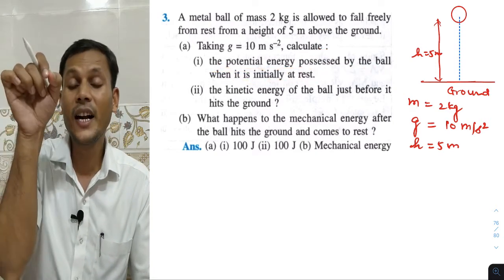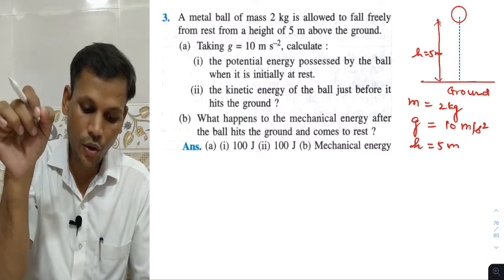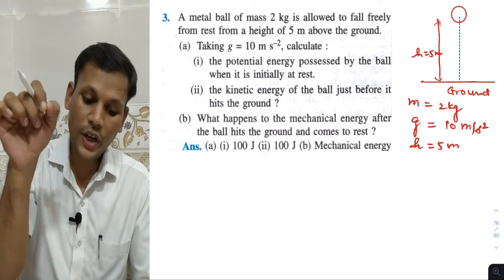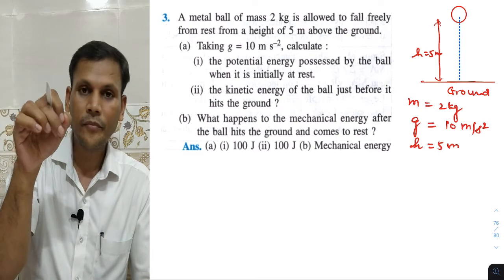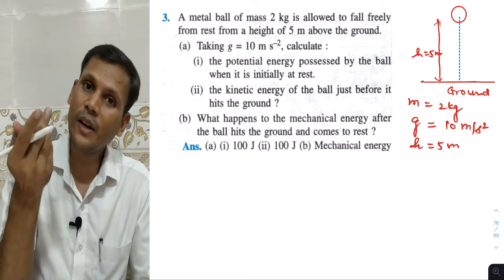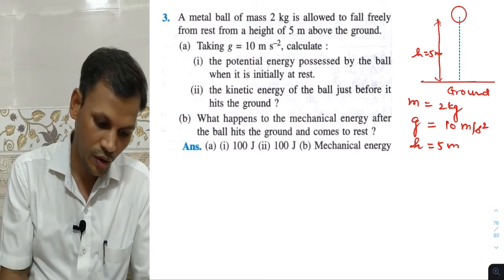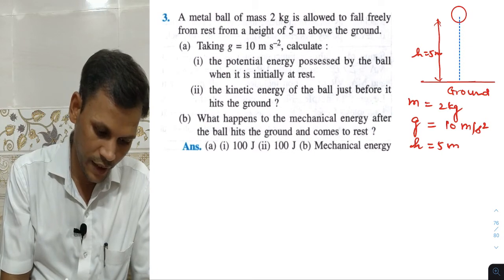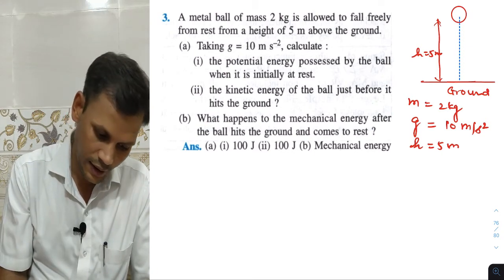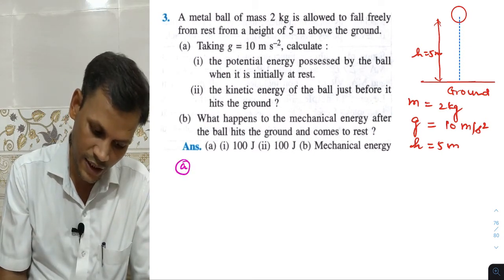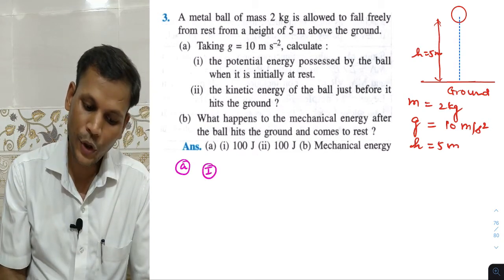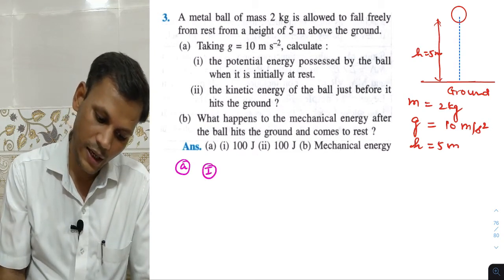When any body is at rest, its potential energy will be mgh. So we can write it is A, that's first part, potential energy at rest.